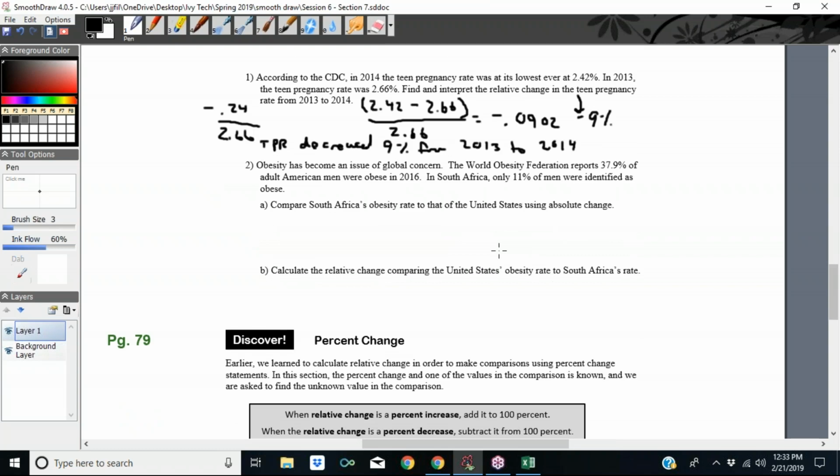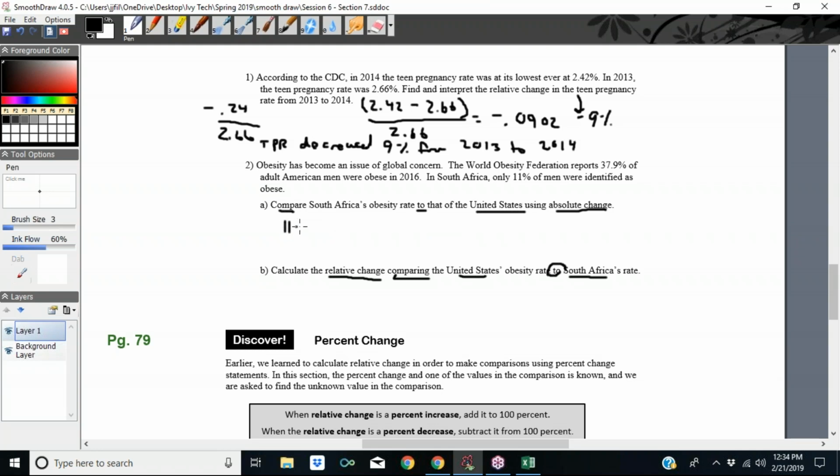All right, let's look at number 2 on the same page. So here it has 37.9% of adult American men obese, and in South Africa, 11%. So we're going to find the absolute change, and we're going to calculate a relative change comparing the US to South Africa. So here we're comparing South Africa to the US. So we're going to do South Africa minus the US.